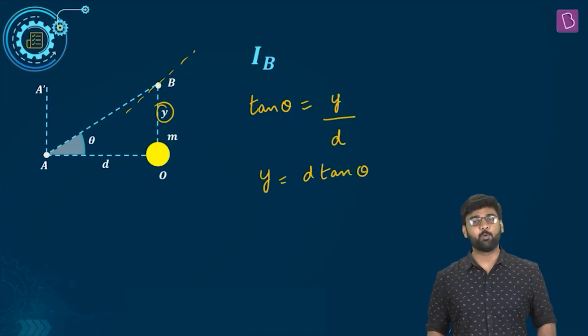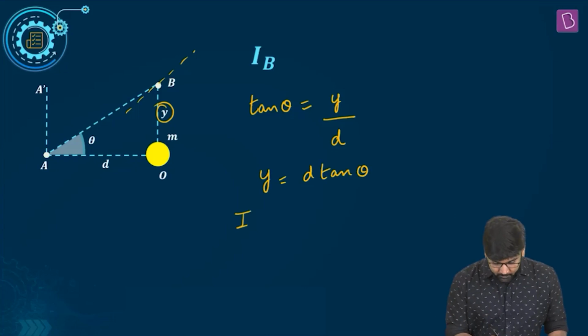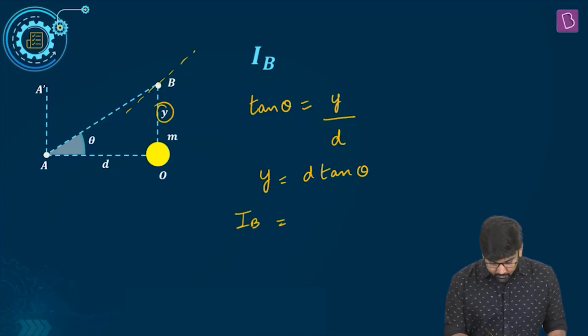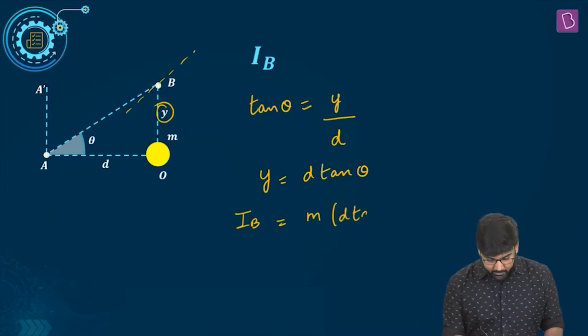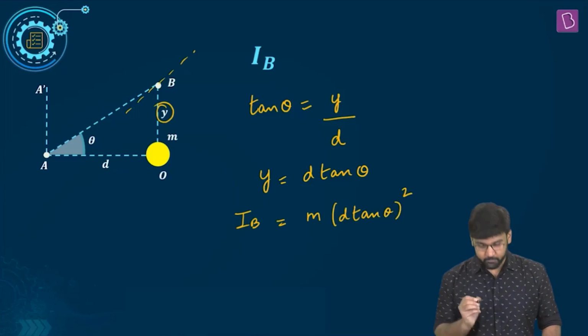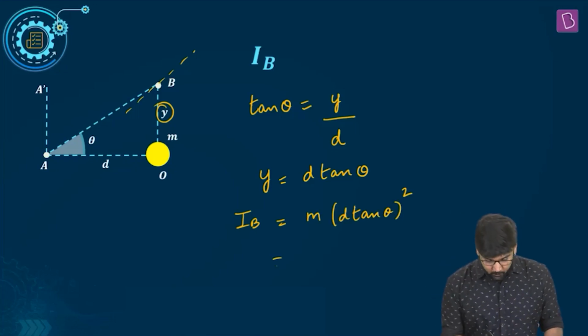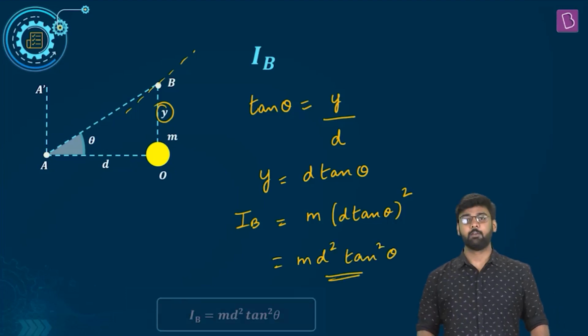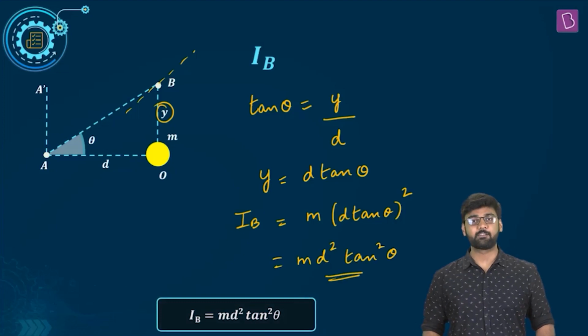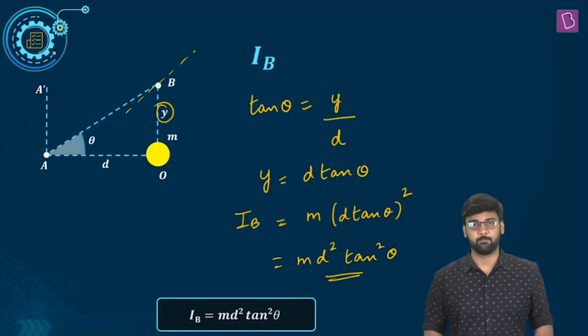And now we can write the moment of inertia Ib as m into perpendicular distance whole square. So m (d tan theta) whole square. When you simplify this, we get m d square tan square theta. So this is the value of moment of inertia about the axis B.